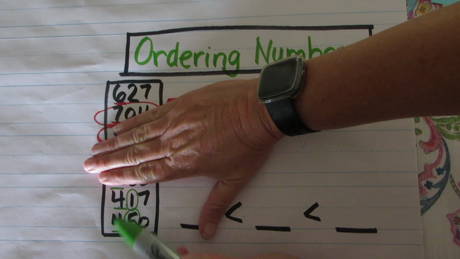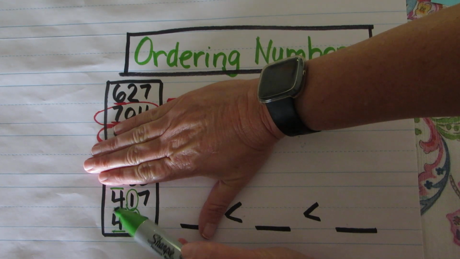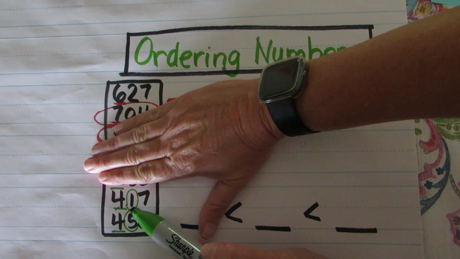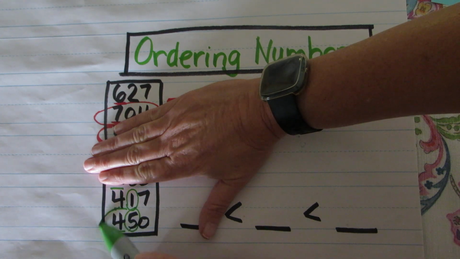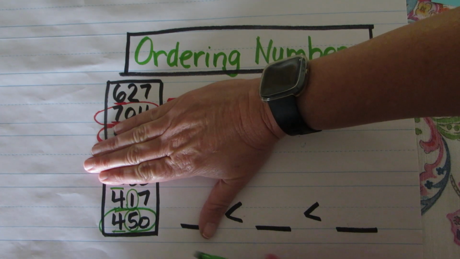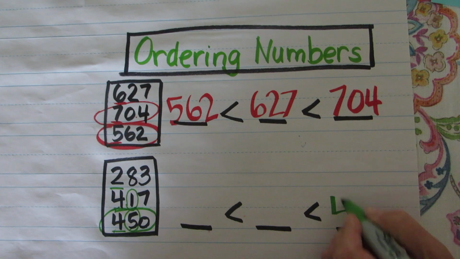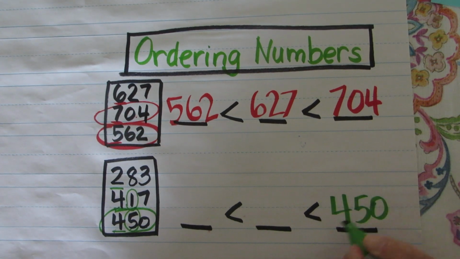So now that both have a 4 in the hundreds place, I'm going to look at the tens place. Is 1 or 5 the greater number? Hopefully you picked 5. And 450 is my greatest number. That's going to go at the end of my number sentence.